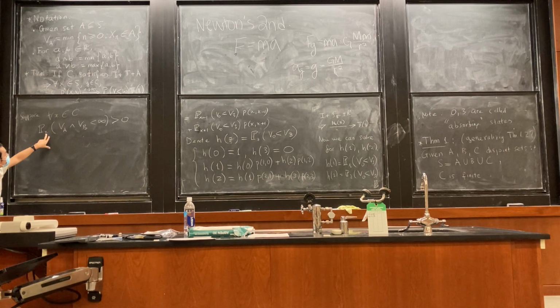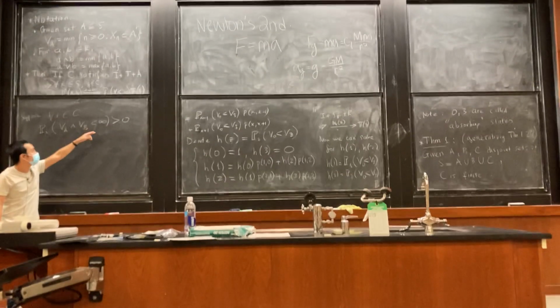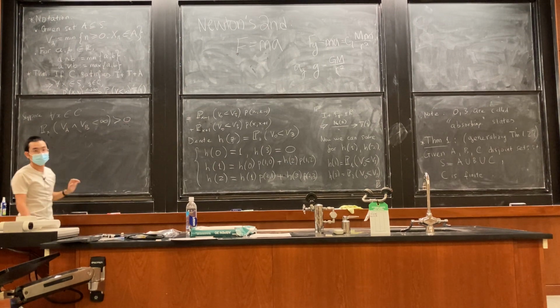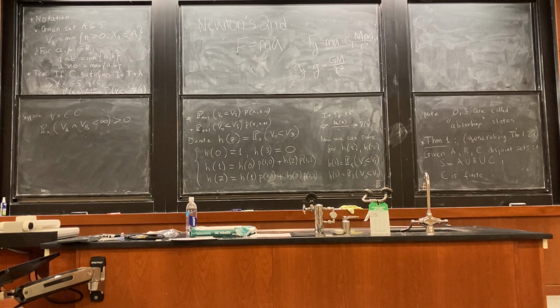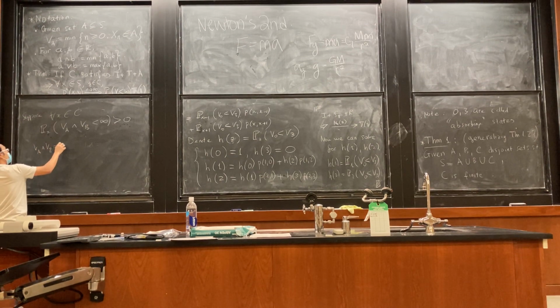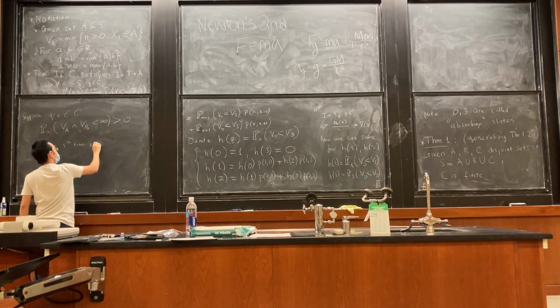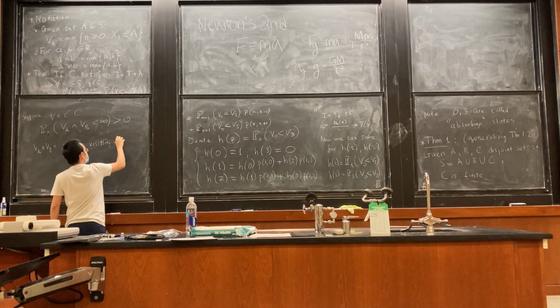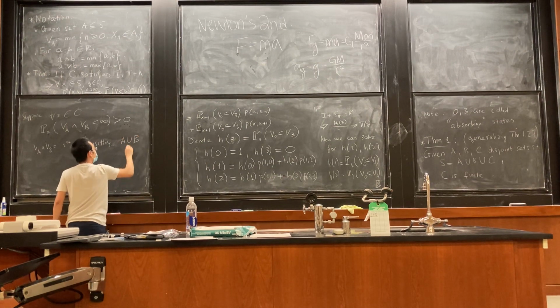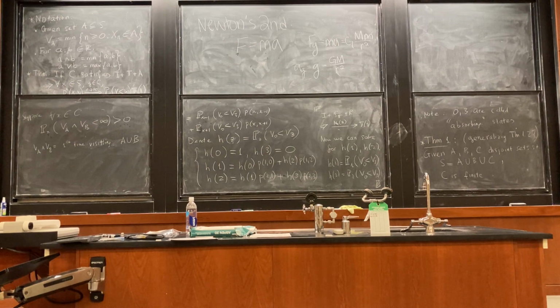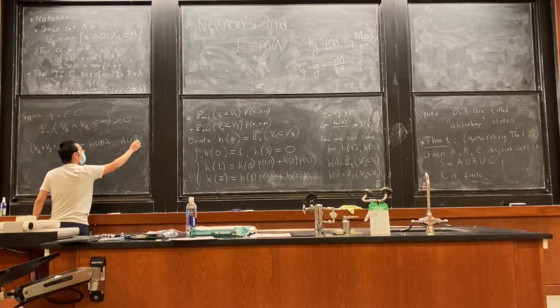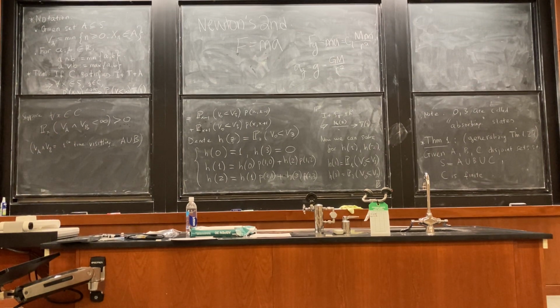So starting from x, the first time I hit either A or B has to be finite with strictly positive probability. Think of V_{A∪B} as the first time I visit either A or B. So for every x in C, this probability is positive.